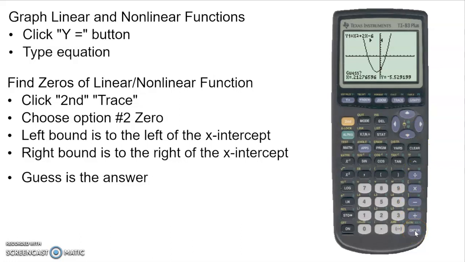Hit enter, and then guess, hit enter a third time. And you can see the low point. When you see a negative 1.00002, just know that it is saying that the x coordinate of the vertex here is negative 1. And we have a low point at a y value of negative 7. So as an ordered pair, the minimum would be negative 1, negative 7.